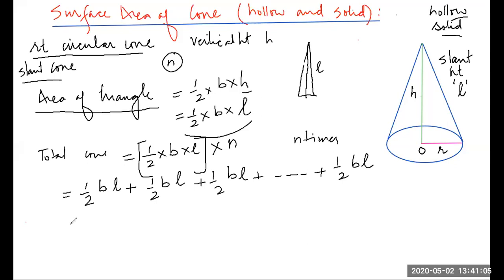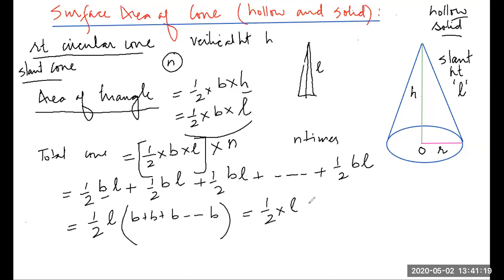You see guys, I can take half into L common, and what you get is B plus B plus B, n times B, am I right? So this is equal to half into L into B into n times.